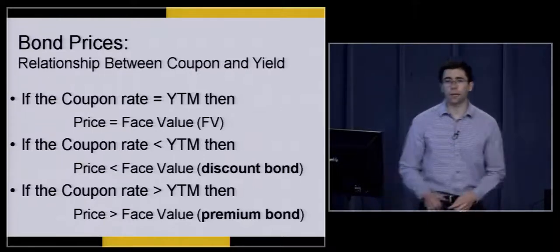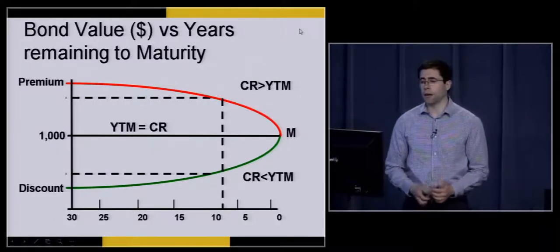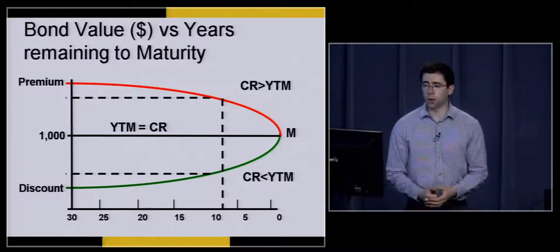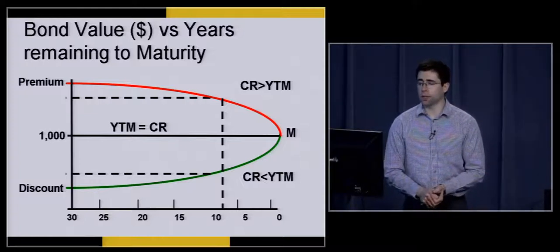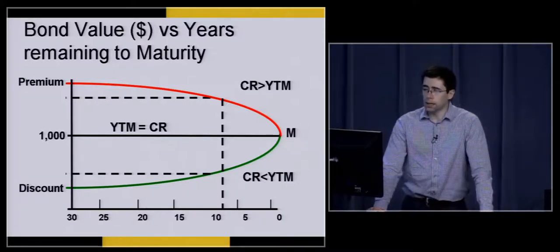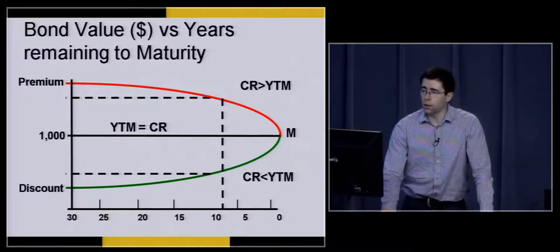Now, to illustrate this a little more graphically, I've put up a very quick example. In this example, we have the price of a bond listed on the y-axis and the time to maturity listed on the x-axis. As you can see, the red line indicates a premium bond, and as we get closer to maturity, the value of that premium bond is going to track closer and closer to the face value.